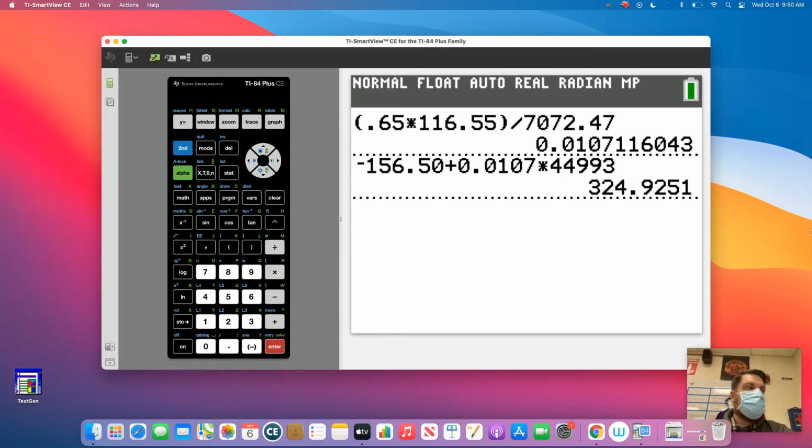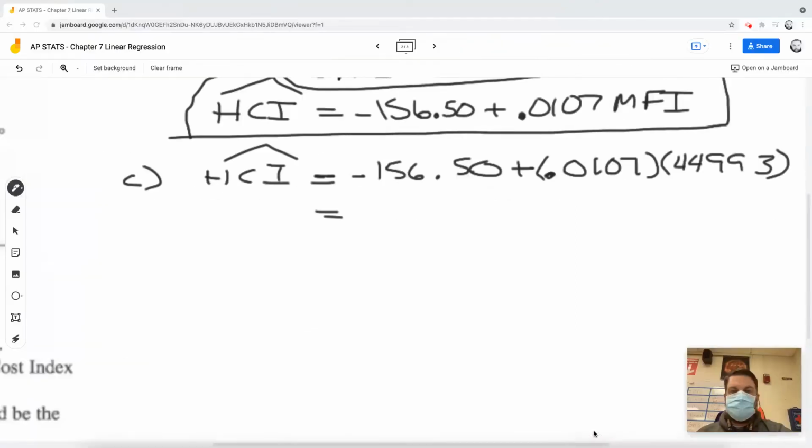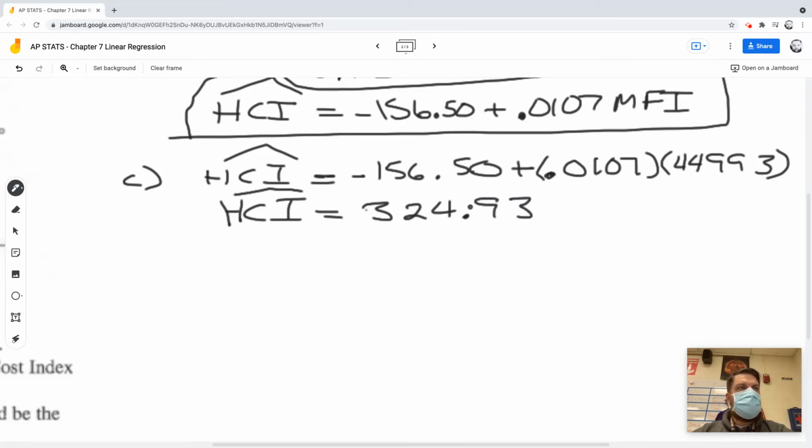And so it's about $324.93. So the predicted housing cost index, HCI hat, is equal to $324.93. Okay.